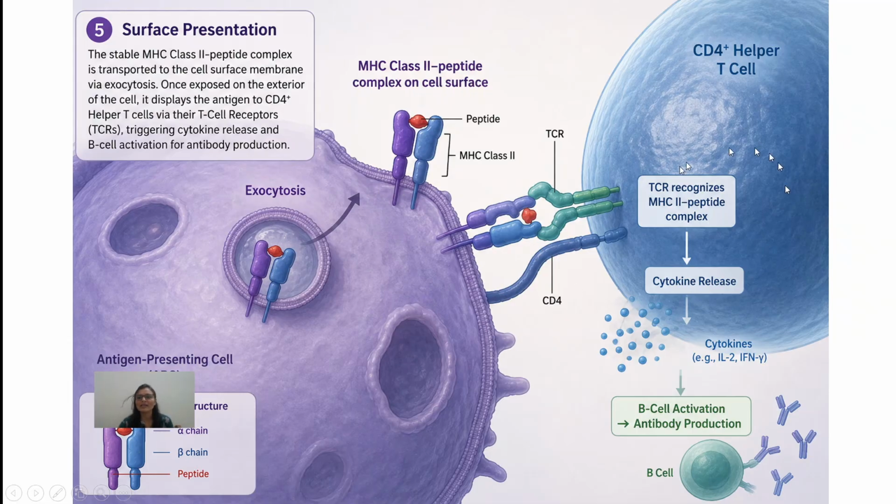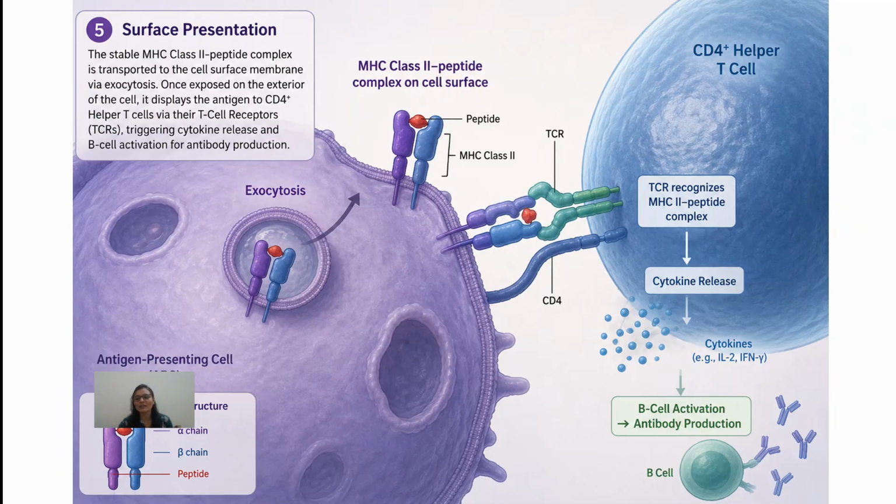Now this cell is ready for recognition of the foreign antigen or foreign peptide by the T helper cell having a CD4 positive receptor. Once binding happens, this T helper cell will release various kinds of cytokines like interleukin 2, interleukin 4, 5, as well as interferon gamma.